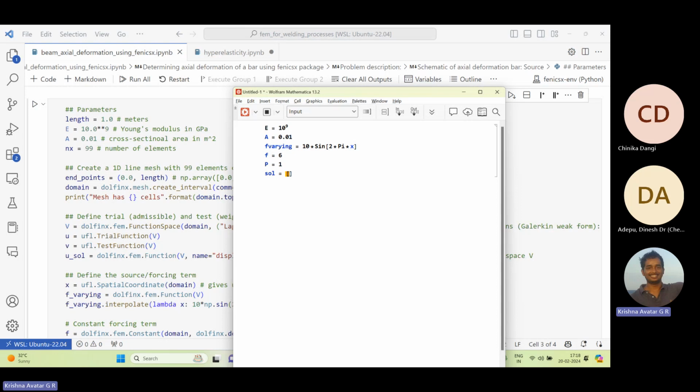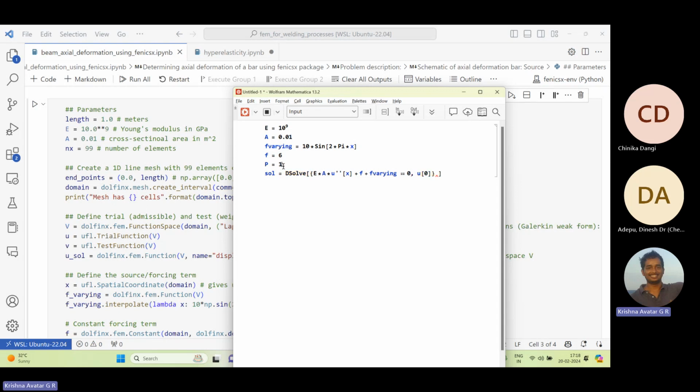What we want to solve, we'll use this DSolve function and prescribe the differential equation, which is E into A into u double prime of x plus F plus F varying is equal to 0. The boundary conditions are u at 0.